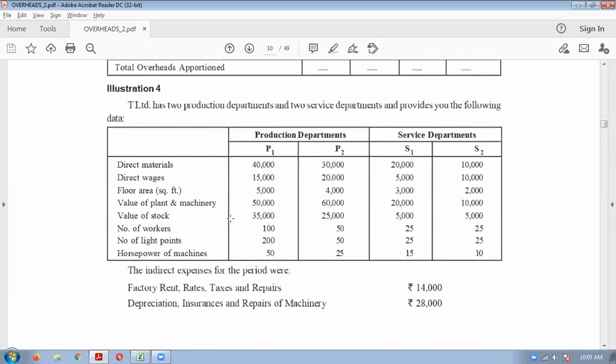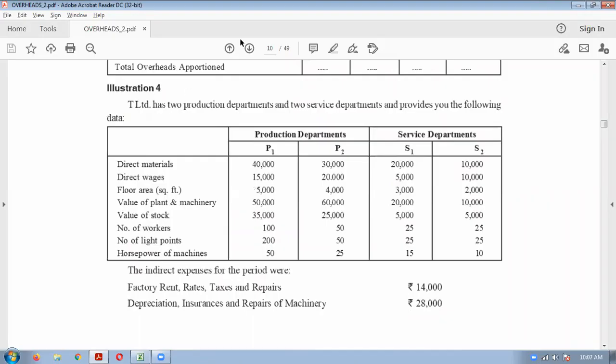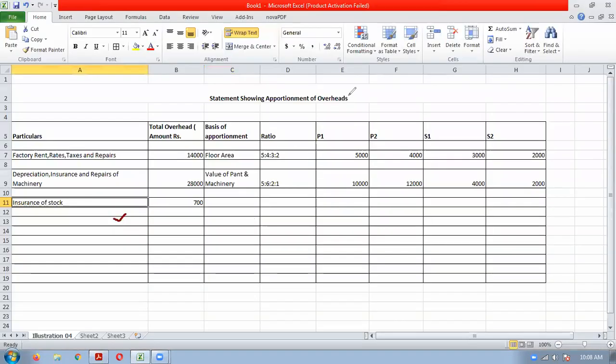What base can you use from this sheet? Floor area, value of plant, value of stock, number of workers, light points, or horsepower of machines. See, what are we insuring? Stock, no? So what will be more relevant? Value of stock. So this will be the basis.